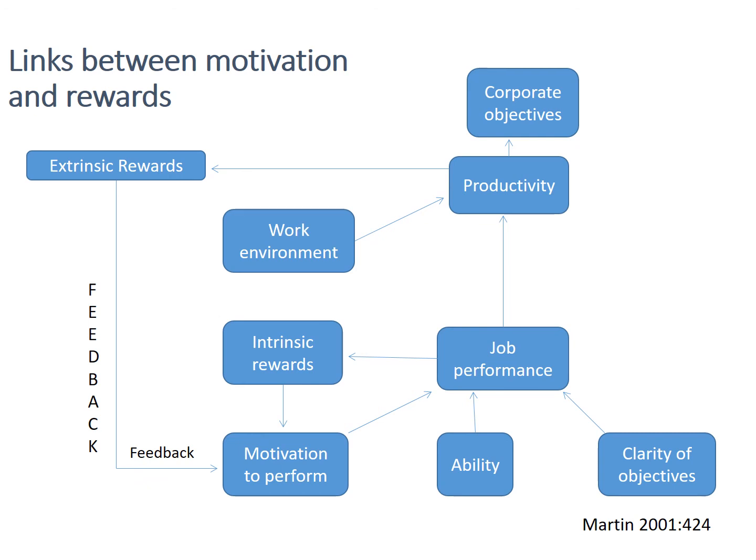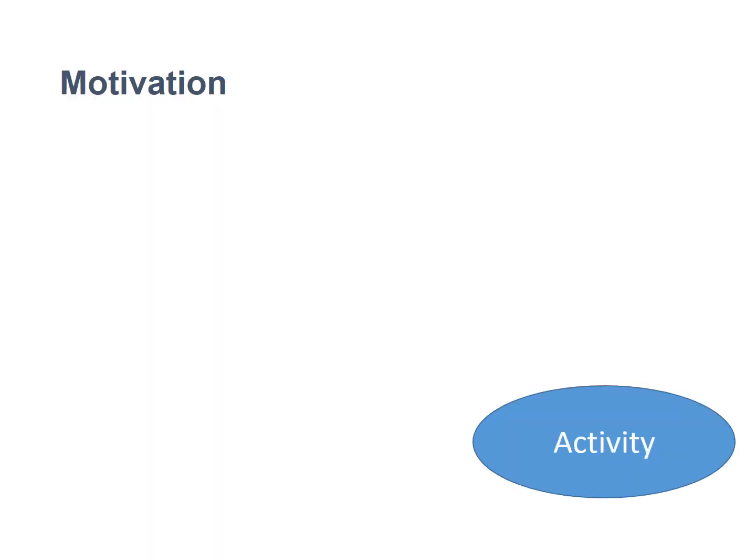Intrinsic rewards lead to motivation to performance. So you've got different links which could have different effects in terms of motivating you to achieve and to make you more productive. So what makes someone more productive than someone else? So motivation, activity.